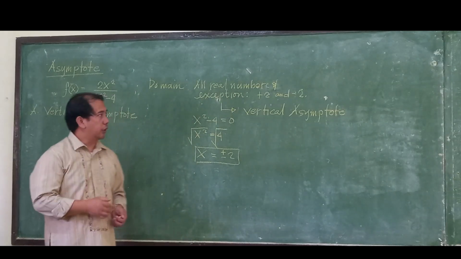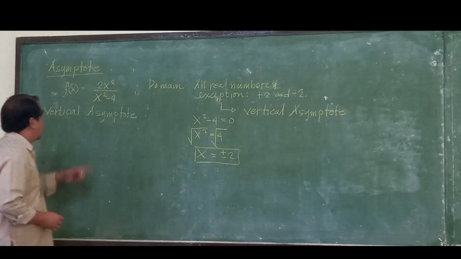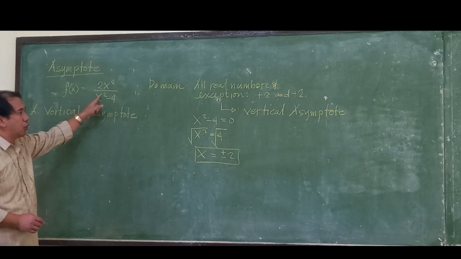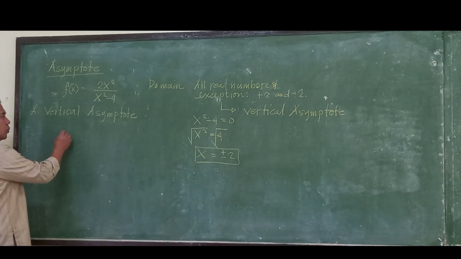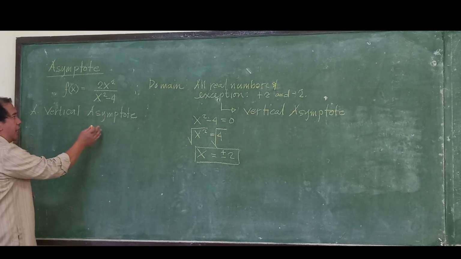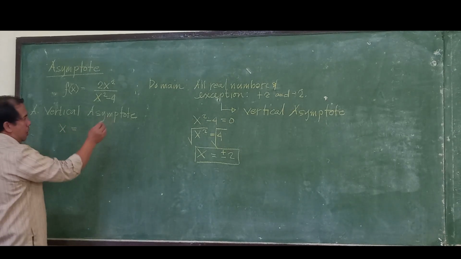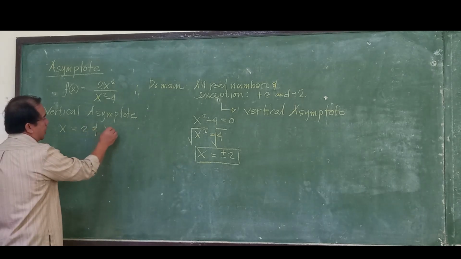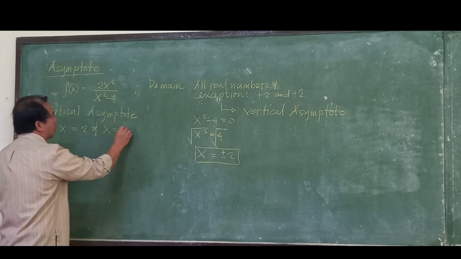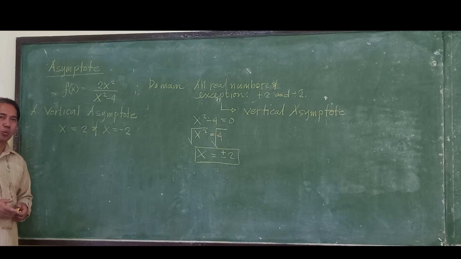Yes. Okay, so that is our discussion last time. Meaning, the vertical asymptote is x equals positive 2 and x equals negative 2. So that is the vertical asymptote.